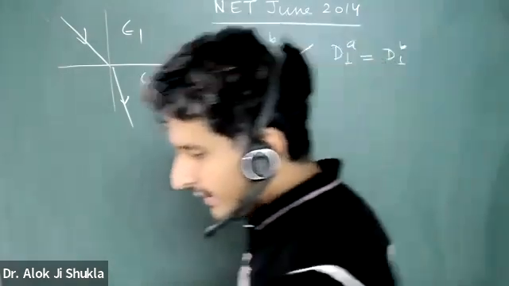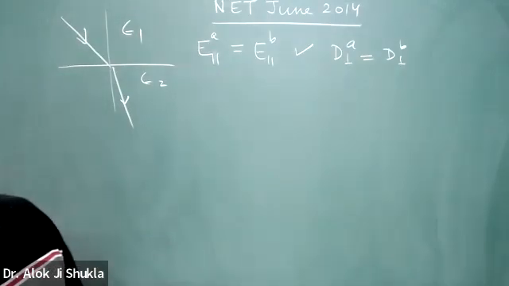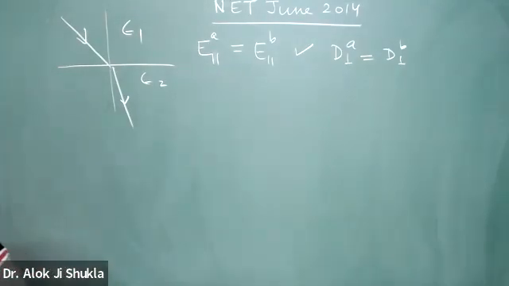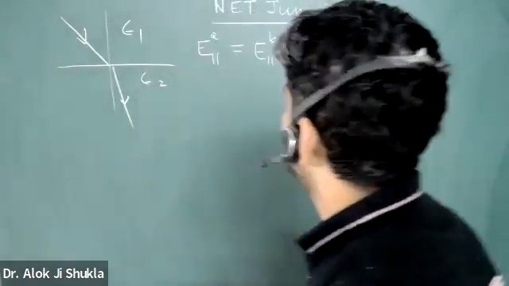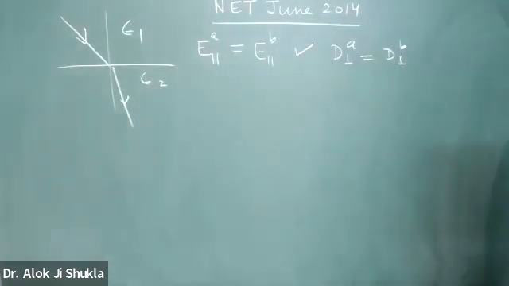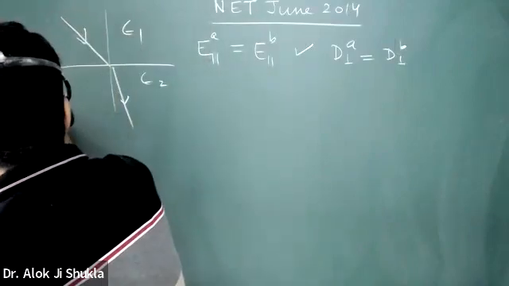So अगर मैं यहाँ पे E parallel component लेता हूँ, what will that become? Sin theta, cos theta is not required, we just have to see the inequality. So E parallel above is equal to E parallel below. D का formula क्या होता है?